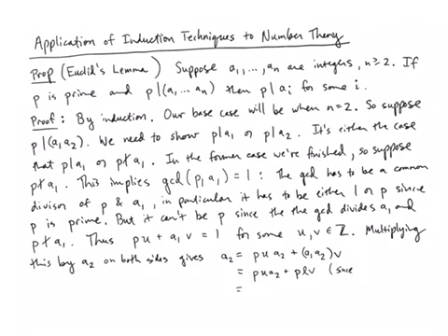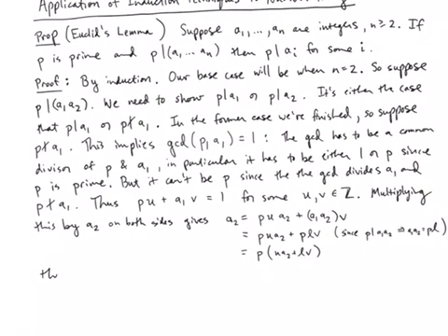I'll just give a reason for this. Since p divides a1 times a2, that implies a1 a2 equals p times l. And so, pulling the p out, and thus p divides a2 as claimed. Okay, so this is our first instance of a non-trivial base case. So the base case is established.